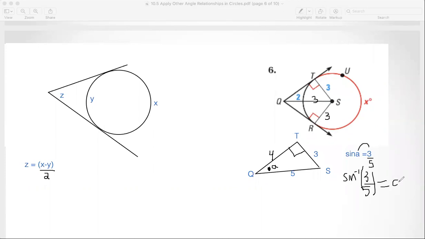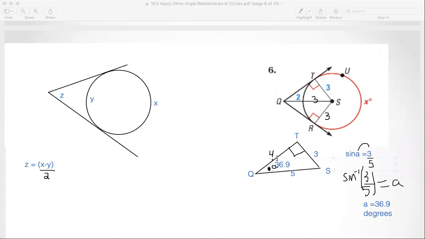Okay, so obviously I'm going to use my calculator on that. There's no way I could do that in my head. So sine inverse of 3 divided by 5, I'm getting 36, and I'm going to round to the nearest tenth. So I'm getting 36.9 degrees. So A is 36.9. All right. So this here is 36.9.